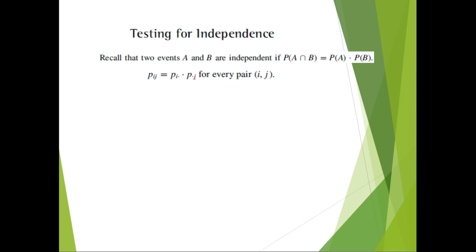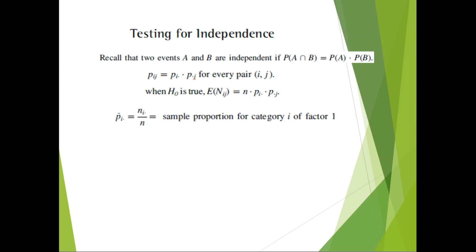And that will hold for every pair i and j, which means then the expected frequency in each cell is going to be the grand total times this probability, p_i. times p_.j.